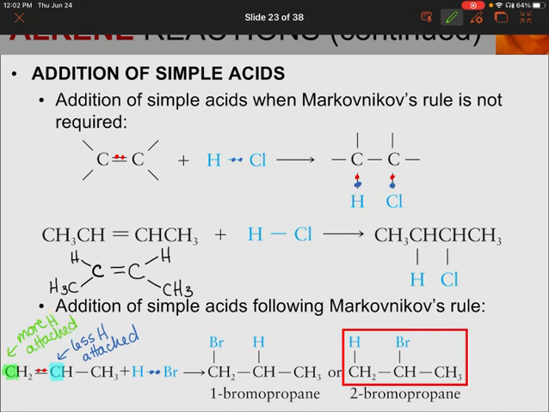But what Markovnikov found, again, is that the major product was the one where hydrogen attaches to the side with more hydrogens. We can see that in the answer that's boxed in red here. And then bromine is attached to the side with less hydrogens.